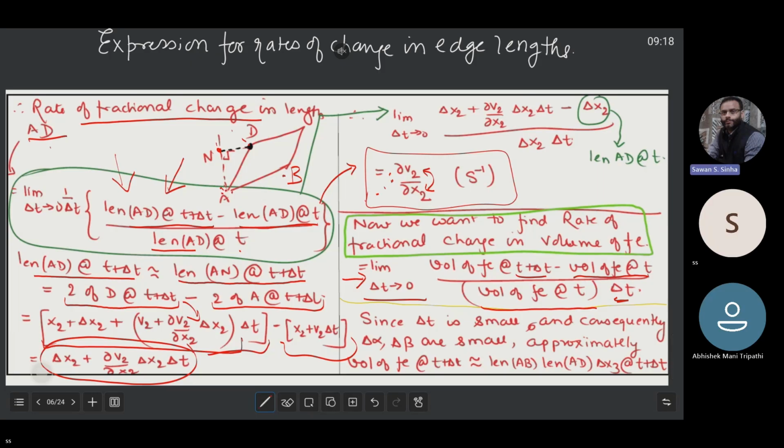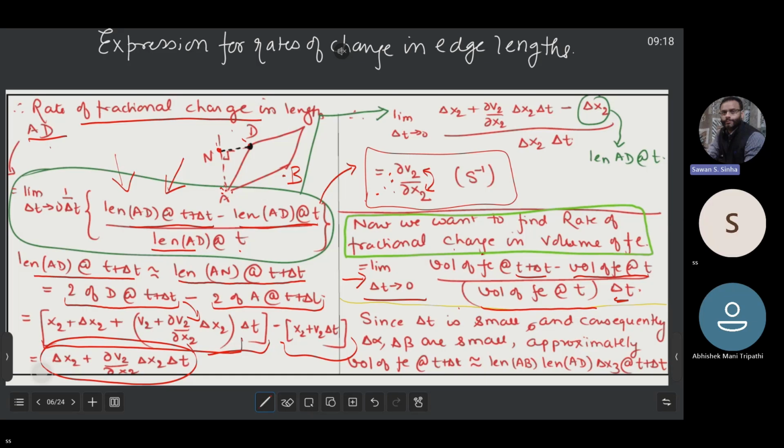Now, how am I going to get an expression for this? When I say getting an expression, what I mean to say is, this is a physically sensible quantity. I want to express that in terms of what? In terms of the velocity field or its derivatives. That's my quest. That's what I have been trying to do.